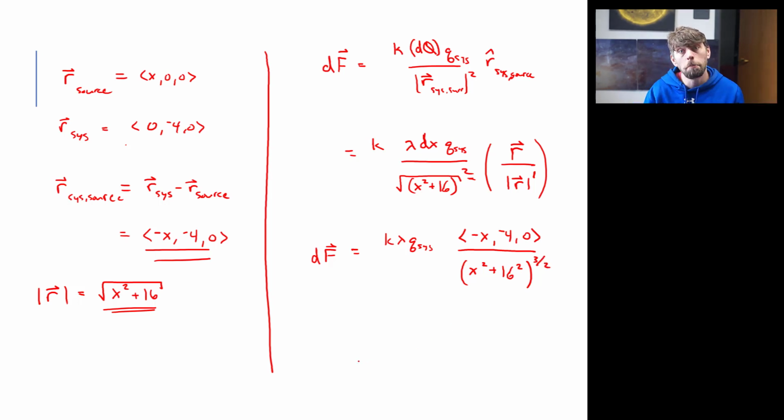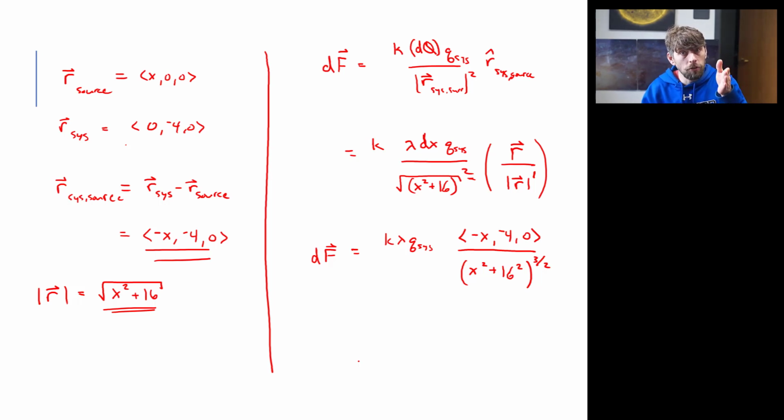What is the last piece that we need to do? That is just for the small infinitesimal sliver at the end. What happens about the sliver next door? In other words, we need to now perform the summation. I have an expression, very generalized, that gives the force of a small sliver of the source charge acting on the system.